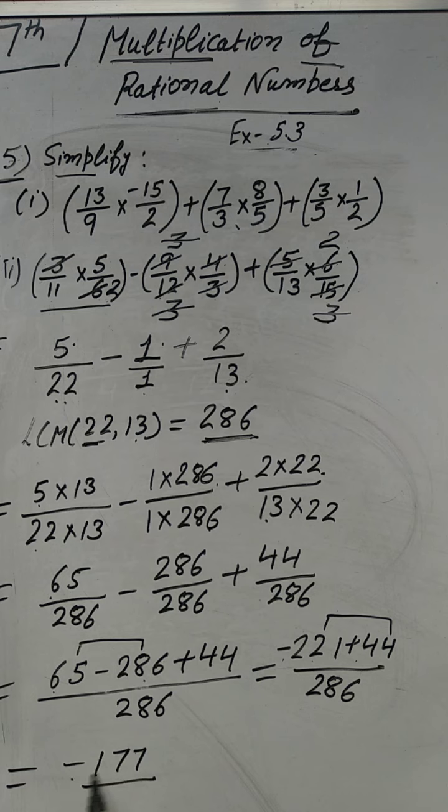So it will become minus 177 upon 286. Clear beta? That is your answer. Understood beta? Similarly, you have to proceed in part first and try it by yourself. This is all about exercise 5.3 beta. Tomorrow we will continue our next topic, division of rational numbers. Thank you beta.